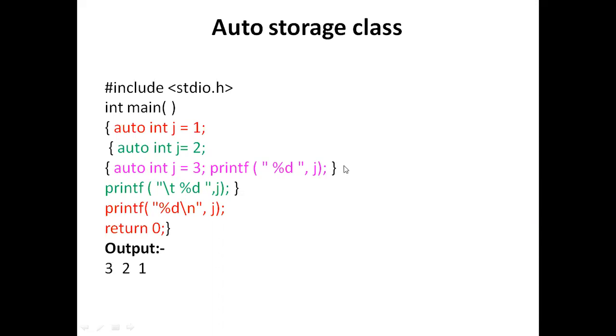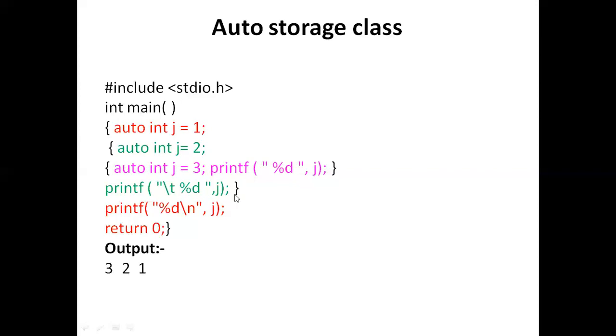After closing this brace, I try to access the j value again. It is not going to display j is equal to 3; it is going to display j is equal to 2. The scope started here and ended here.